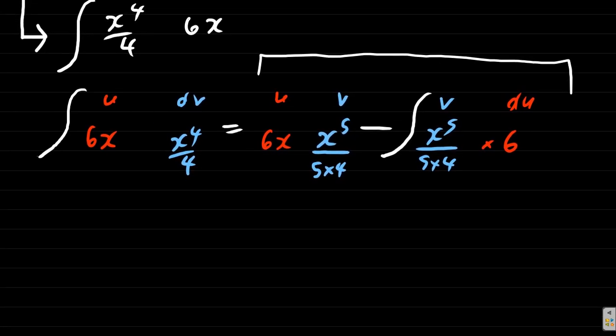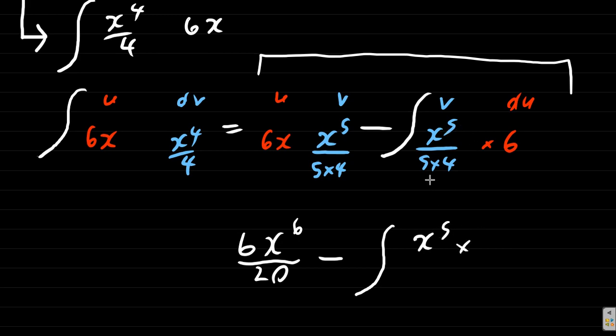So here, what we have is 6x times x to the 5th power. x times x to the 5th is equal to x to the 6. So at the top, we have x to the 6 times 6 over 5 times 4, 20. See that? Minus the integral of x to the 5 times 6 over 5 times 4, 20.